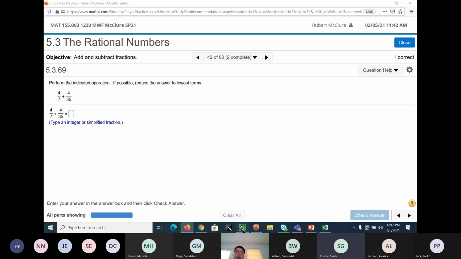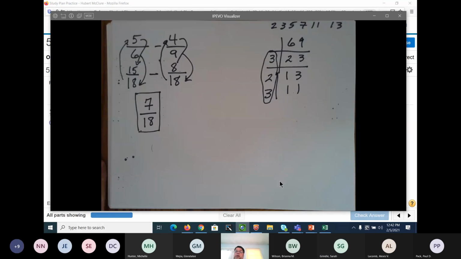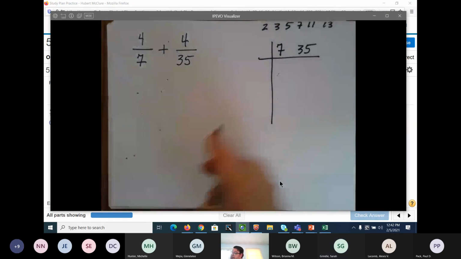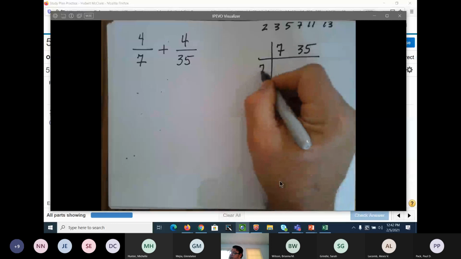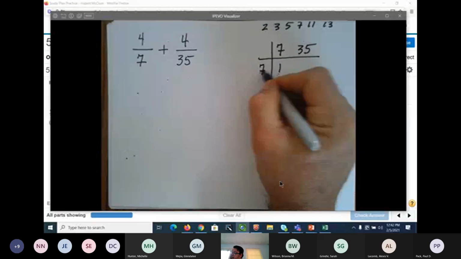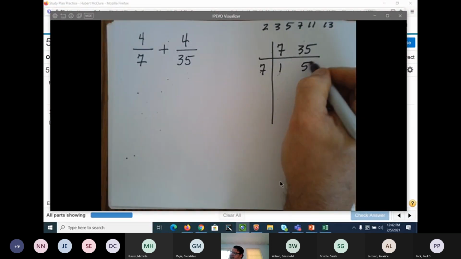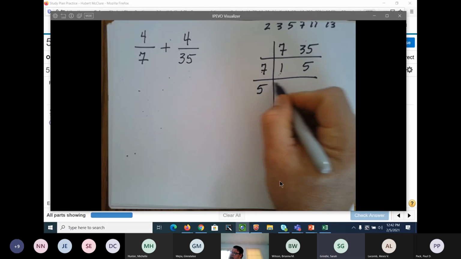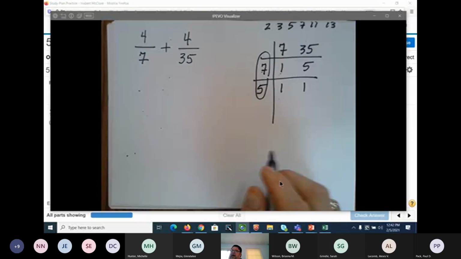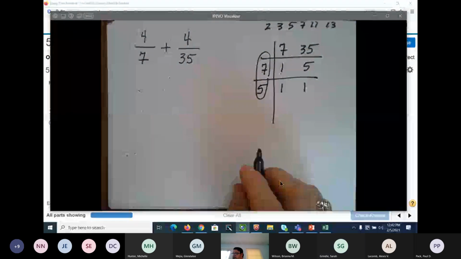I know 7 will go into 7. 7 will also go into 35. So in this case, 35 is our common denominator.